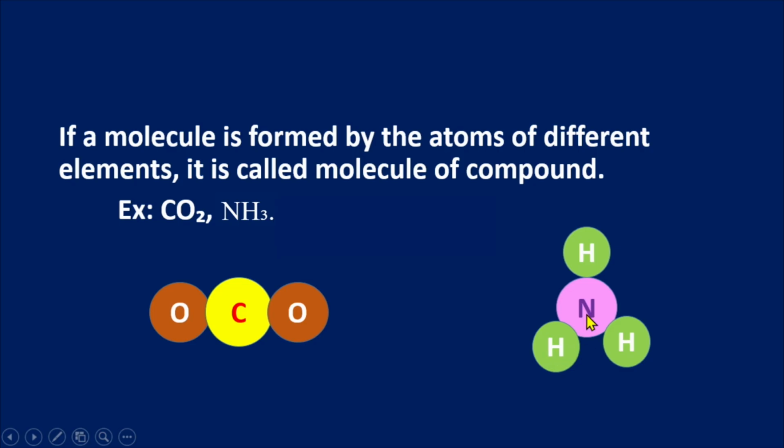Ammonia is formed by the combination of one nitrogen and 3 hydrogens. Okay children? So here also a particular ratio is there in the formation of ammonia, 1 nitrogen and 3 hydrogens, that is 1:3 ratio. Right children? So these are molecule of compound, means here the combining atoms are different. Here we have carbon and oxygen, here we have nitrogen and hydrogen. So these are molecule of compounds.